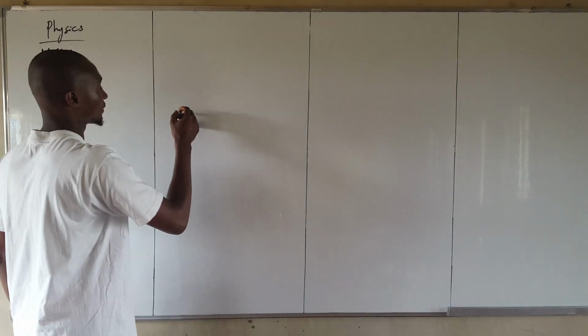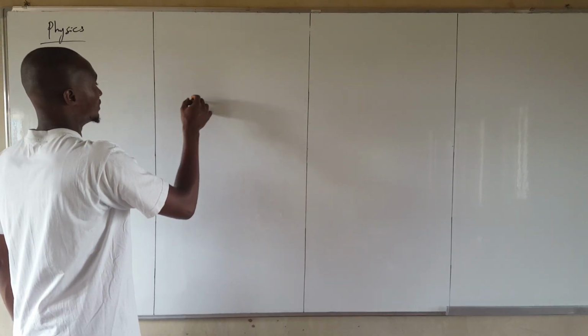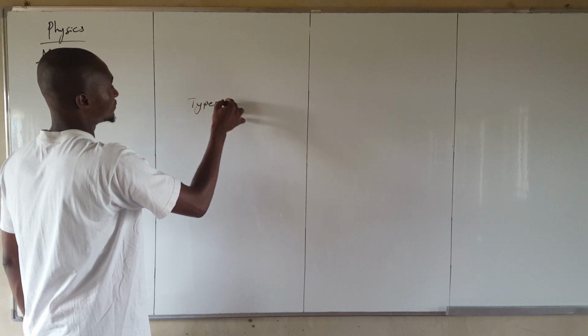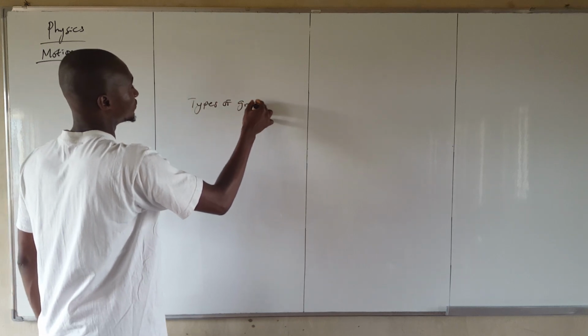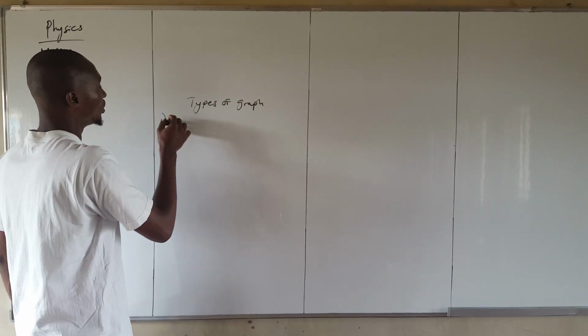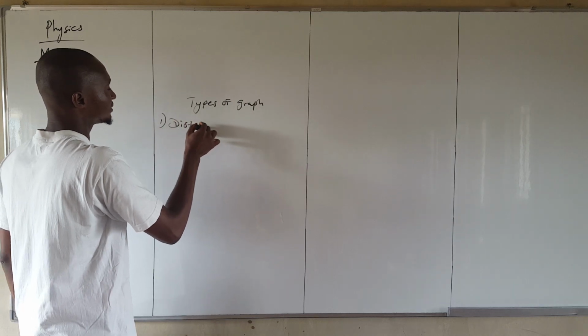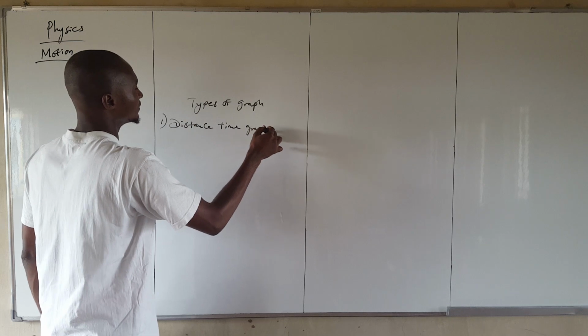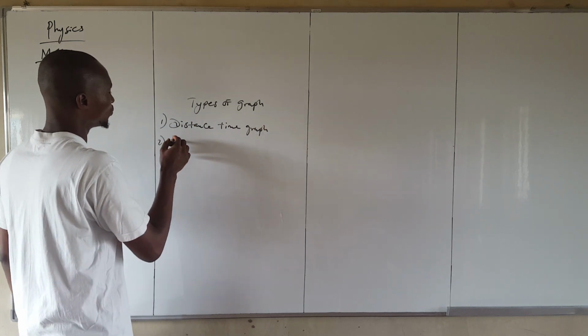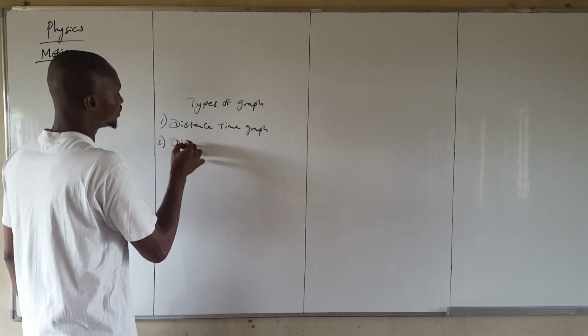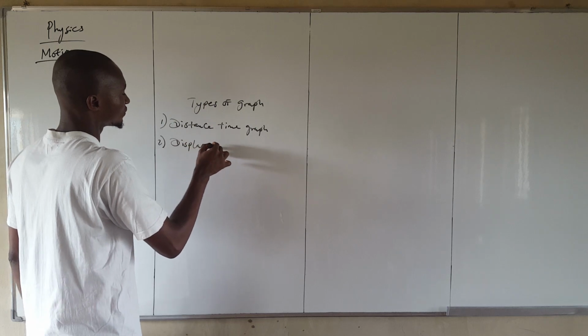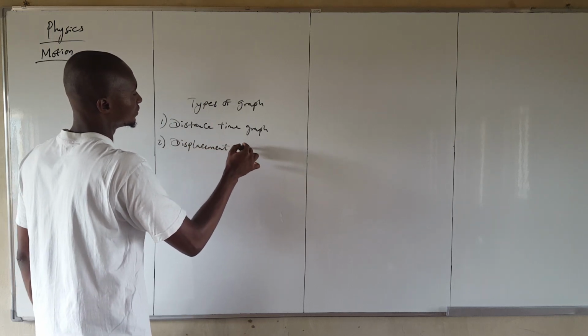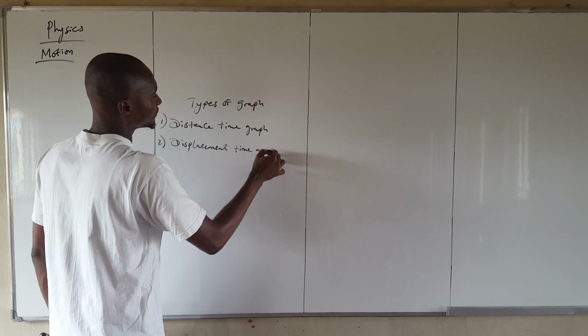One is distance time graph. Two is displacement time graph.